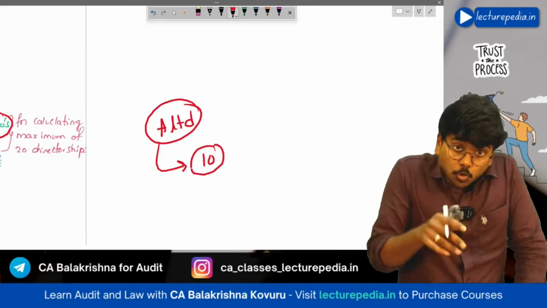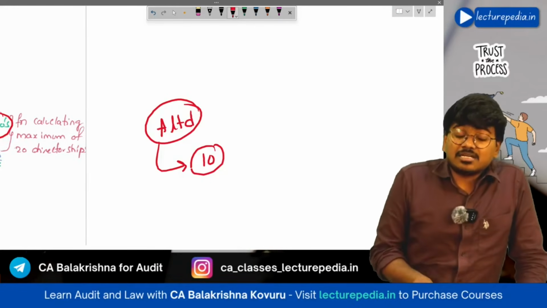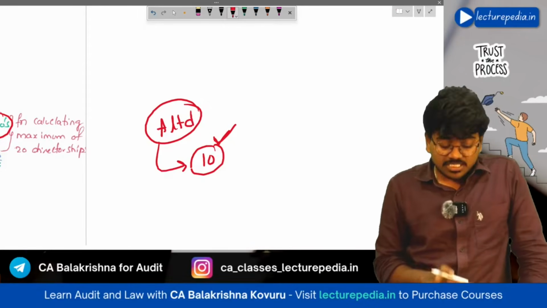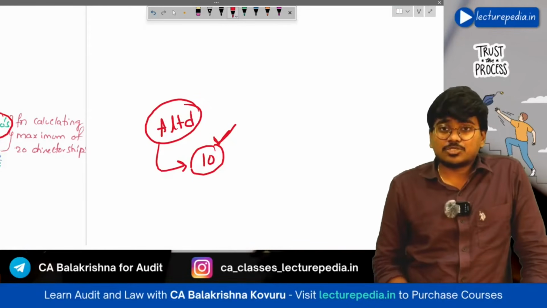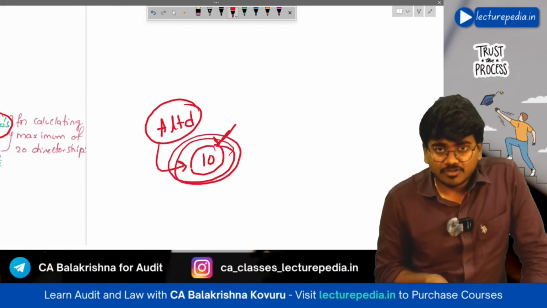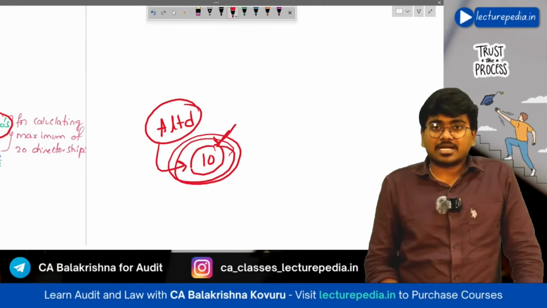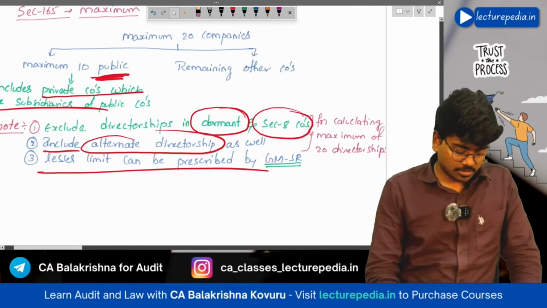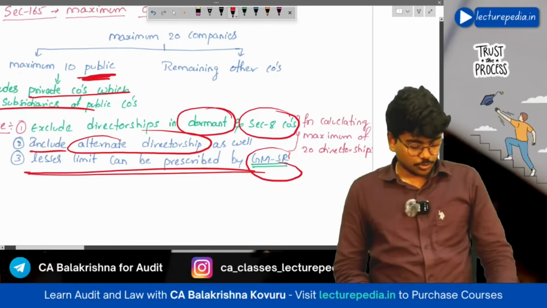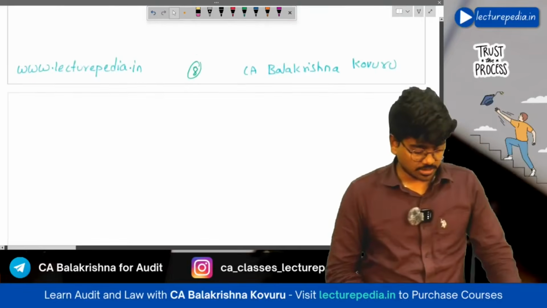That means whoever gets appointed as a director of a limited, that person can hold maximum of 10 directorships only. Like this, this is a rule of a limited. In such a situation, the AOA of a limited will be applied for that person who has got appointed as director of a limited. Okay, so lesser limit can be prescribed by passing general meeting special resolution. I hope that is clear with respect to section number 165.